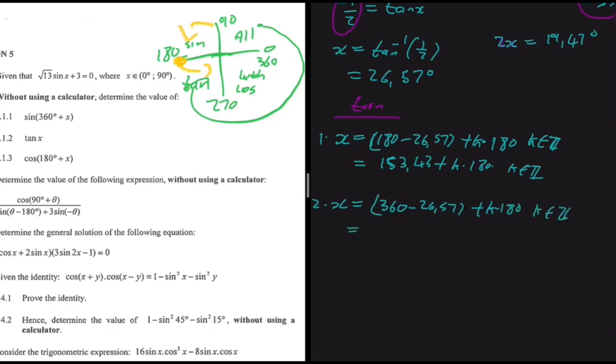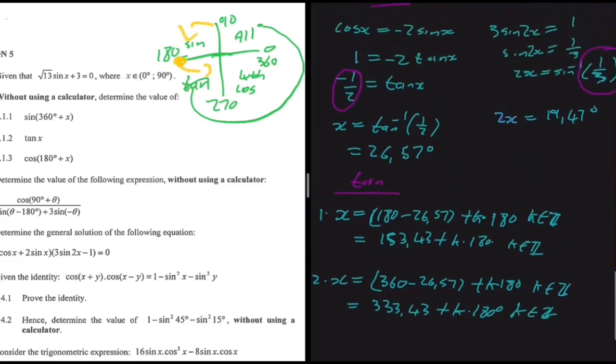If we say 360 minus 26.57, we should get 333.43 plus k multiplied by 180, the period of tan, where k is an element of integers. And now we are done with that part.